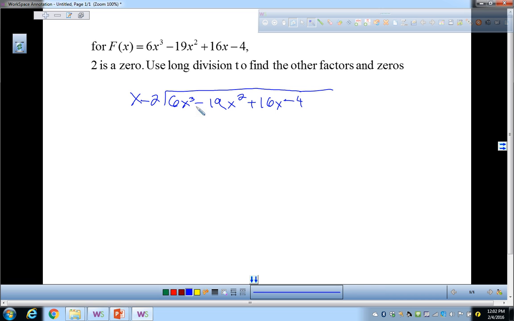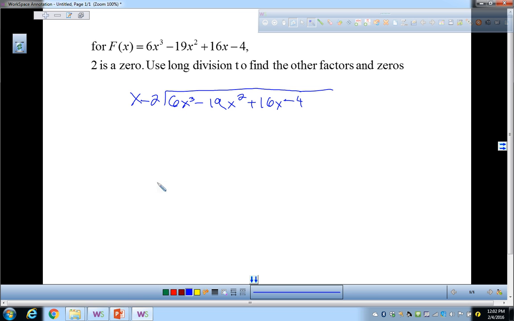And now the other thing to remember when you're doing long division and synthetic division, these have to decrease by 1 degree each time. So if there's no x squared term, you have to write like 0x squared. And if there's no x term, you have to write like 0x and minus 4 and so on.